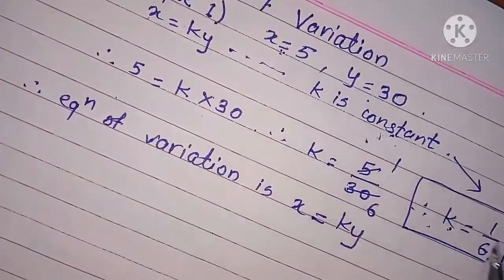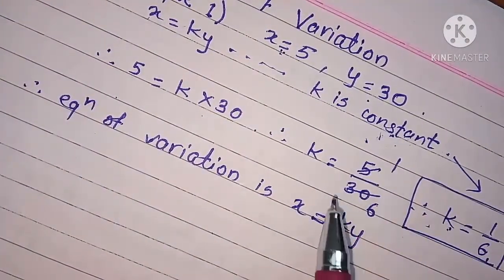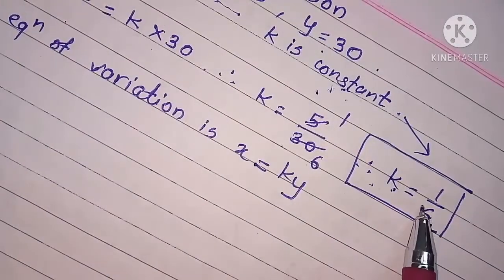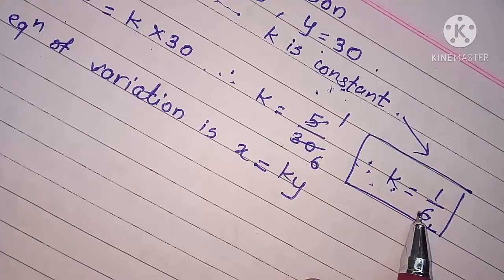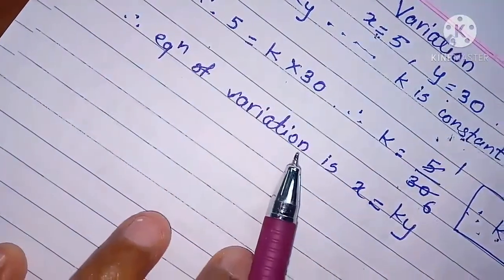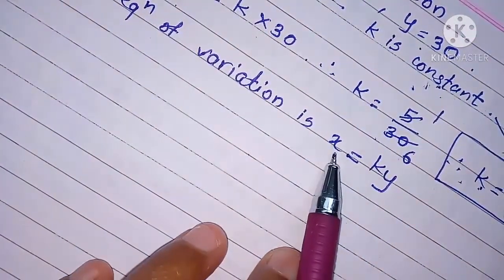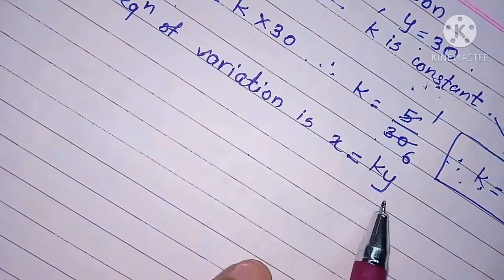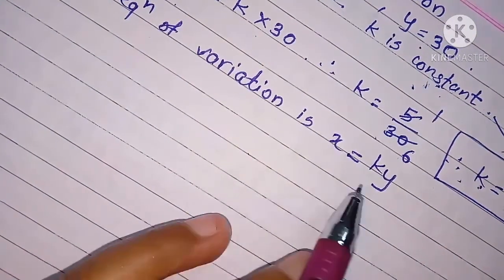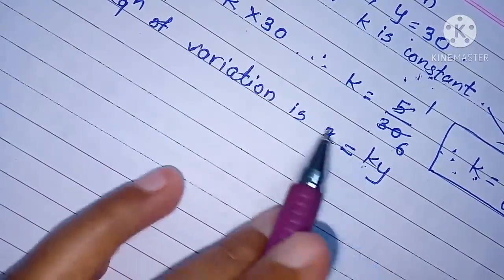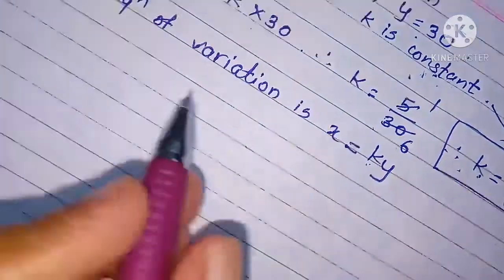Therefore k is equal to 5 upon 30. 5 sixes are 30, therefore k is equal to 1 upon 6. And this 1 upon 6 is the constant of variation. Now, for the equation of variation, put the value of k, that is 1 upon 6, in place of k in x is equal to ky.